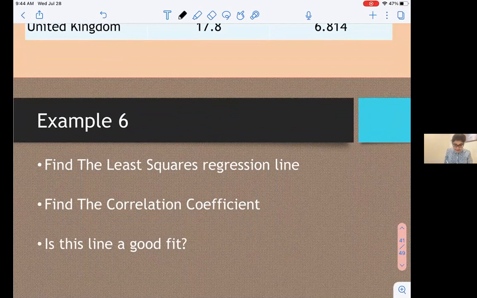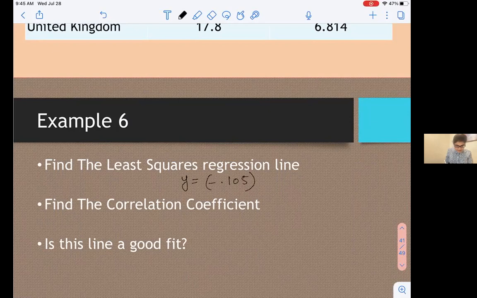So in this case, for these 4 values, I have the equation, which is minus 1.105 x plus 8.883.